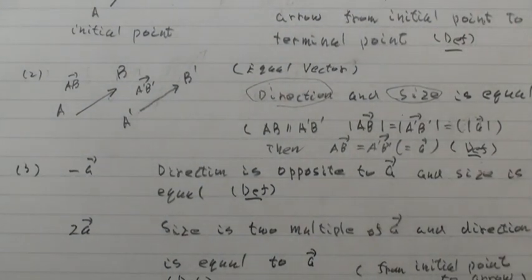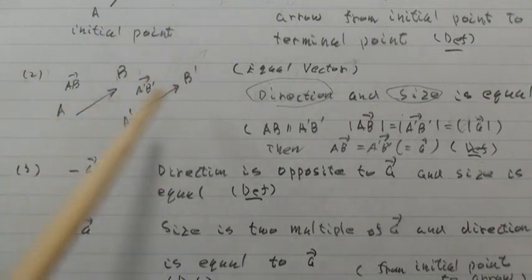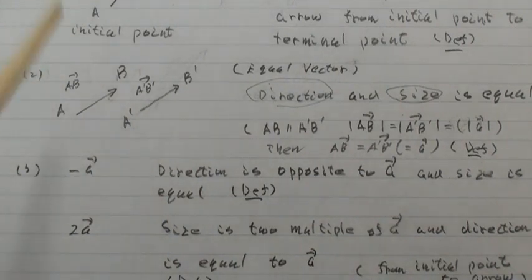And parenthesis 2, equal vector. AB vector and A dash B dash vector: this direction and this size are equal.